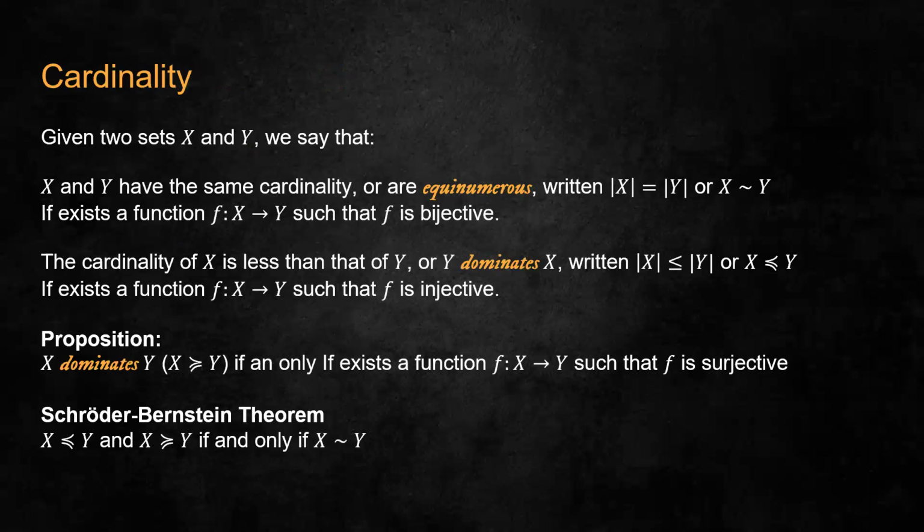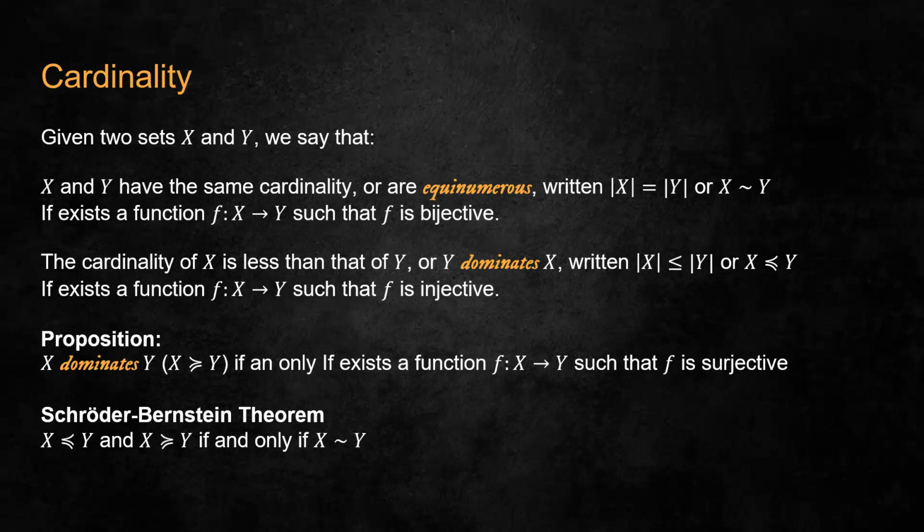A bit more about cardinality. If we have two sets, they have the same cardinality or they are equinumerous if there's a bijective function between X and Y. So when we say that there are as many oranges as there are people, what we are actually saying is there's some correspondence that maps every orange to a unique person.